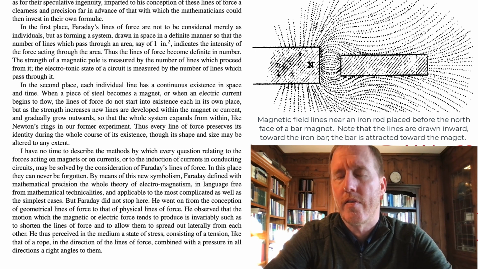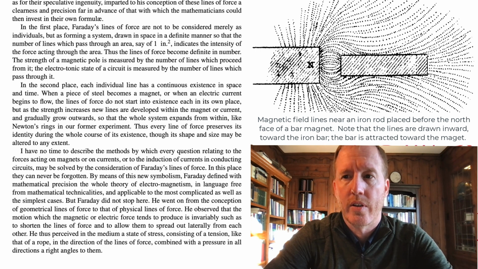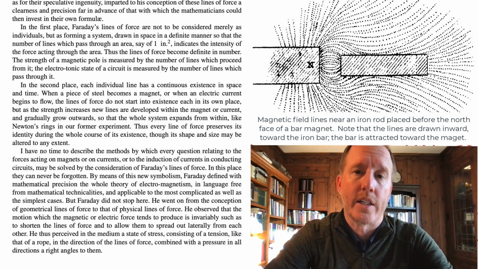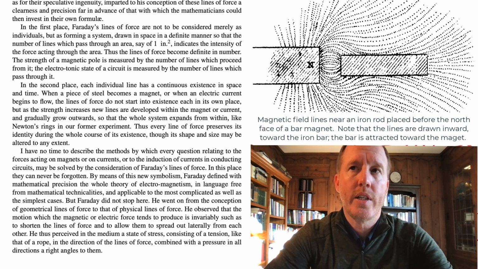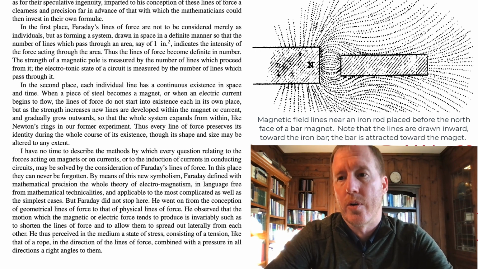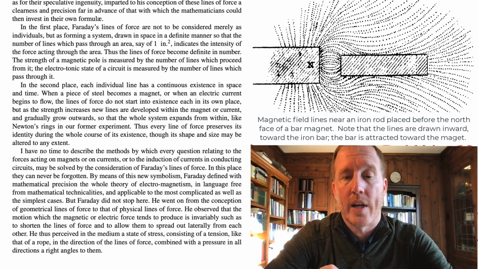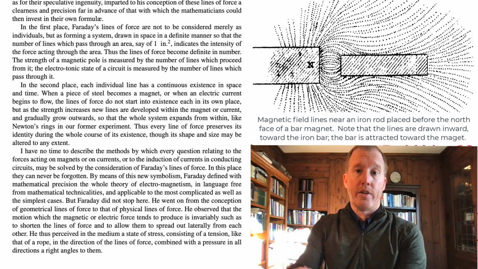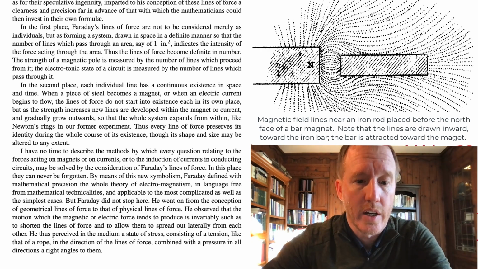So magnetic fields can't act on currents. Rather, currents act directly on other currents. So you need to have two things of the same type or same character in order to interact. Faraday is saying, no, what's happening here is one magnet is producing a magnetic field, and that magnetic field in turn is acting on another magnet.